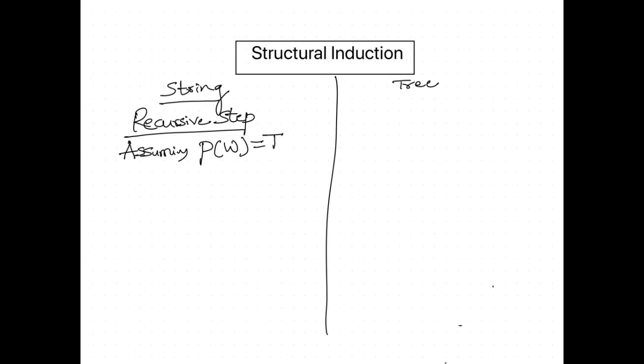P of W is equal to true is proved in the following way. So in the recursive step, I'll be assuming P of W is equal to true, where W belongs to the set of strings.